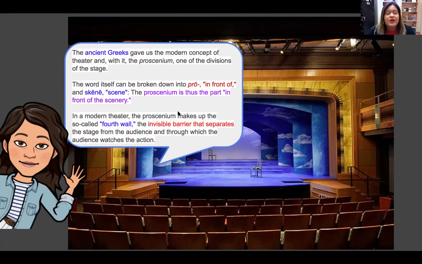In modern theater, in today's times, the proscenium is what helps to make up the fourth wall. The fourth wall is the invisible barrier that separates the stage, so the acting and the actors, from the people watching. You want to imagine the stage as kind of like a room with one wall removed, right?